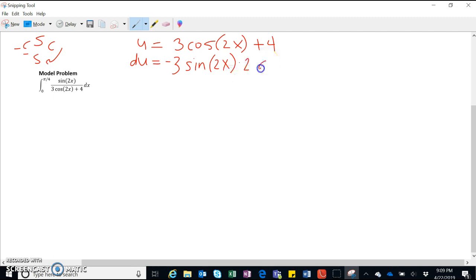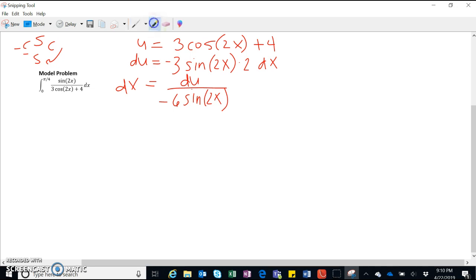That's the derivative of the inside, and I'll put my dx on it. So then I'm supposed to isolate dx, which means dx is du over negative 6 sine of 2x in the denominator. And that's well into the U sub process here, the red work that I've just established on this problem.